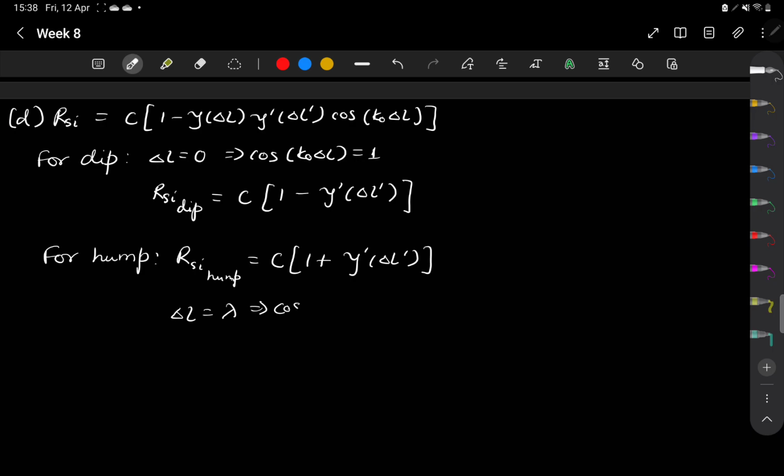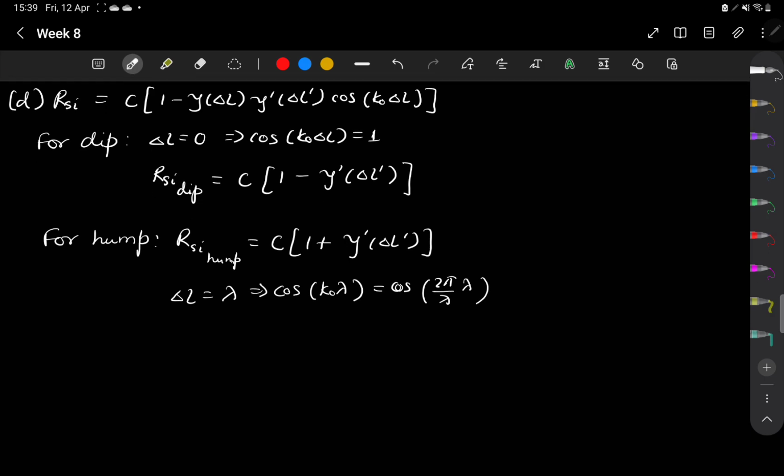So this becomes -1, and then we get a positive sign over here.